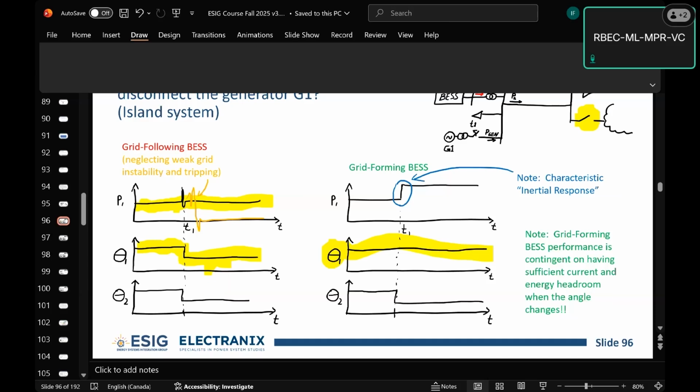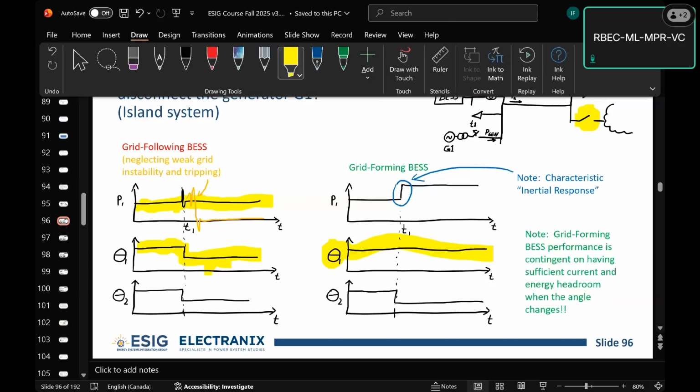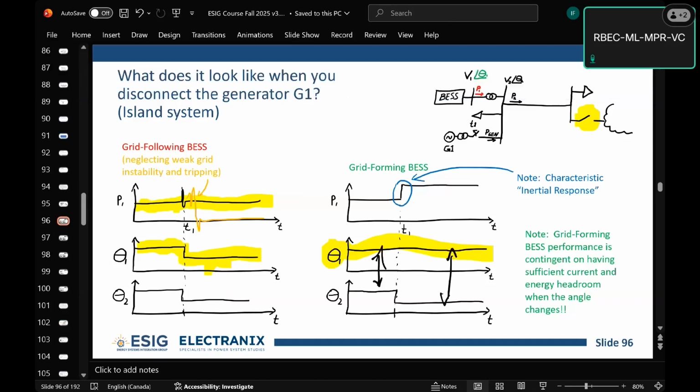Power changes instantaneously, right? So the power has to take a step, because we've changed the angle between those two. So when the angle took a step on the bus, the power took a step instantaneously. We can call that an inertial response. And since there's nothing else in the system to synchronize to, this is now forming the grid and makes up the difference in the load. Okay, great. Any questions? Make sense? We're going to add more stuff to it, but okay.